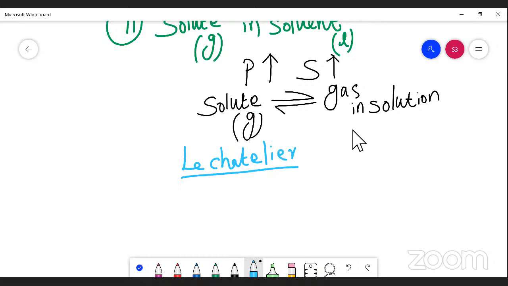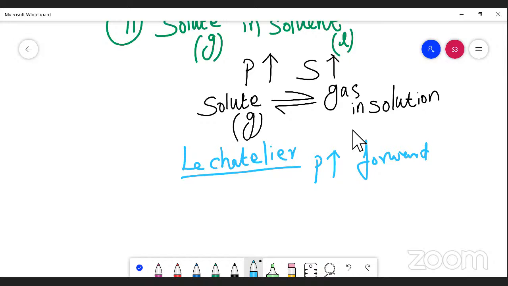According to Le Chatelier's principle, whenever pressure increases, in order to nullify the disturbance, the reaction favors the direction that reduces the pressure. Whenever pressure increases, the equilibrium shifts to nullify the pressure. So the equilibrium shifts towards the forward direction.